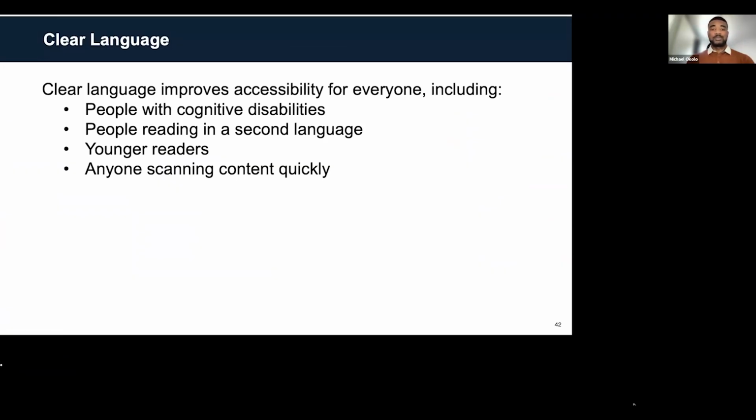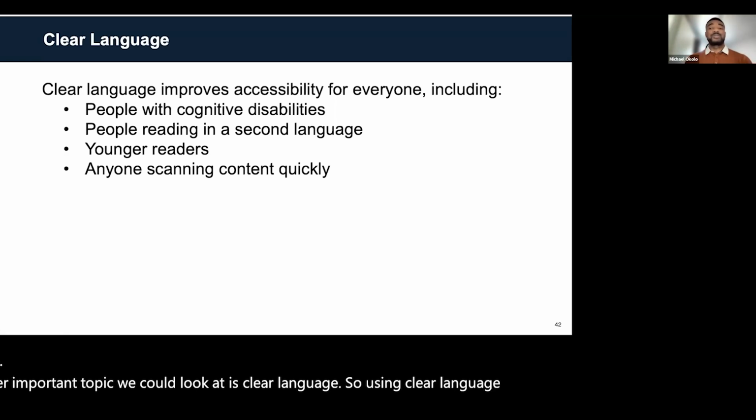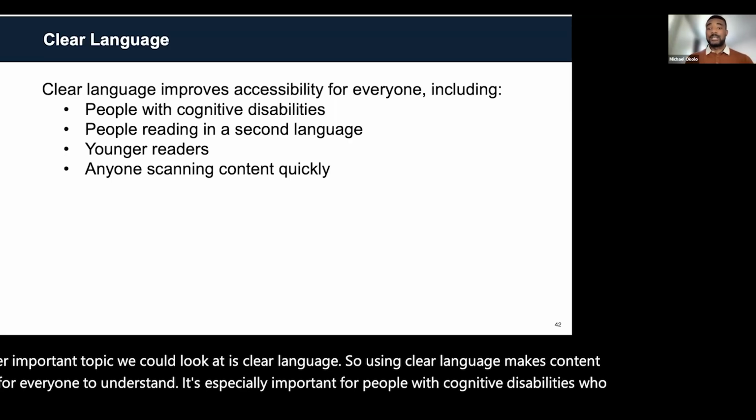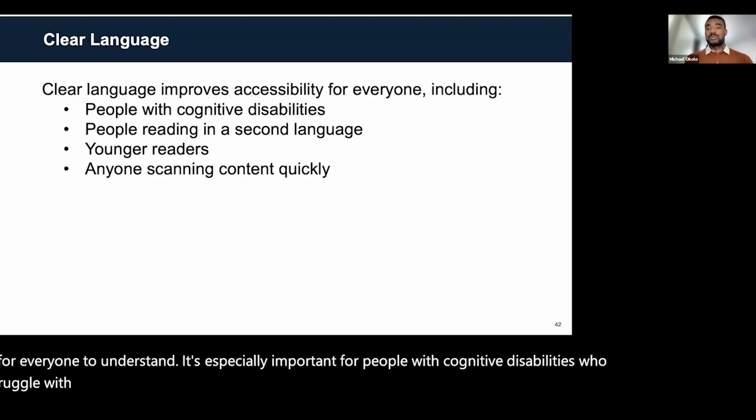Another important topic we could look at is clear language. Using clear language makes content easier for everyone to understand. It's especially important for people with cognitive disabilities who may struggle with complex wording.